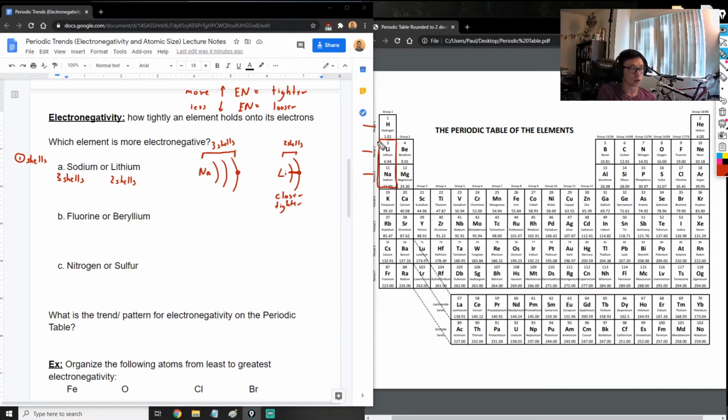Okay, so since the electrons are closer to lithium, since it has less shells, the tighter it's holding it, which means that lithium is more electronegative. Okay, so lithium right here is more electronegative. Okay, so the answer to this problem is lithium. And again, it's because it's holding the electrons more closely.